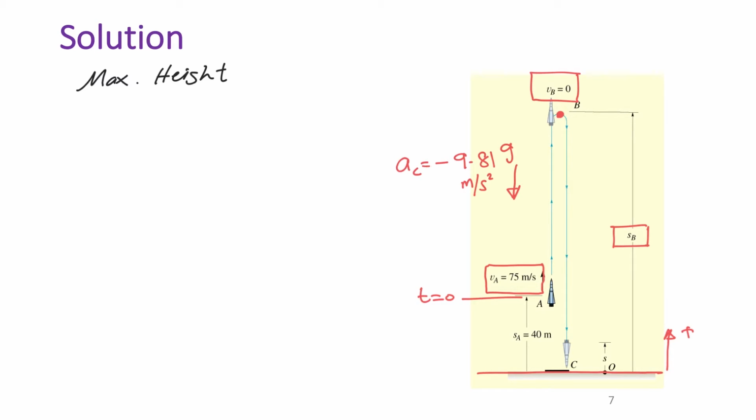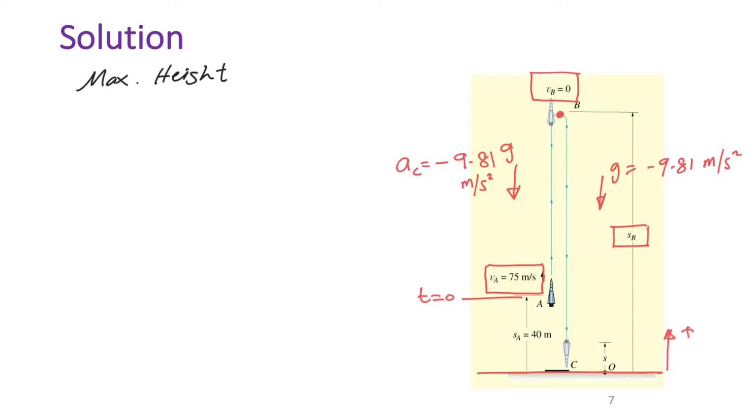Now, for the second part, from B all the way to C, the acceleration is also going to be negative. Why? Because in this part of the problem, the positive direction of the displacement is upward, while the body is traveling downward. So the acceleration would have to be also negative.